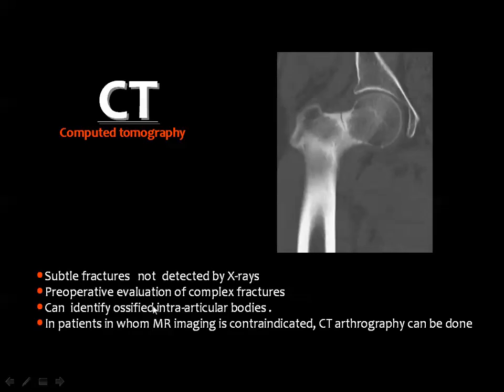Also, using the reconstructive capabilities of CT, it is used in preoperative evaluation of complex fractures around the hip or any part of the body. It can identify intra-articular loose bodies if they are calcified, and in patients in whom MRI is contraindicated, CT arthrography can be used for assessment of the internal derangement of the hip joint.